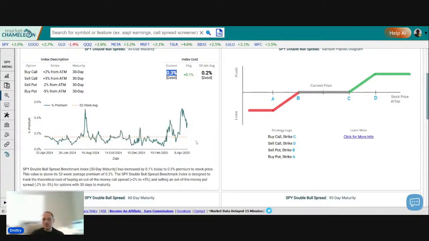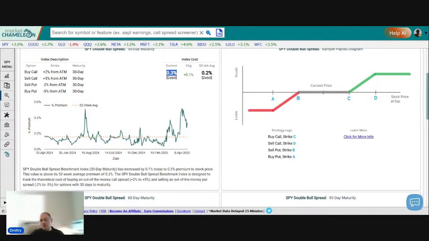So the line lets us see how much volatility or dispersion or variance there is around that average. You could see how it fluctuates and moves around there, and right now we're on the higher end of that historical range.